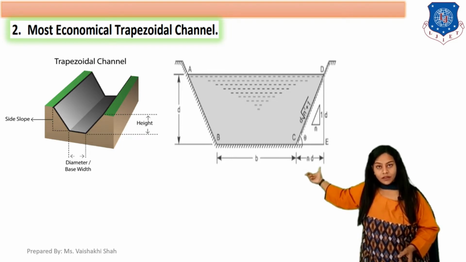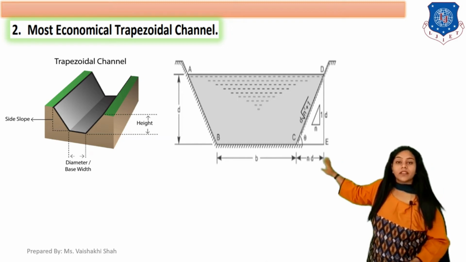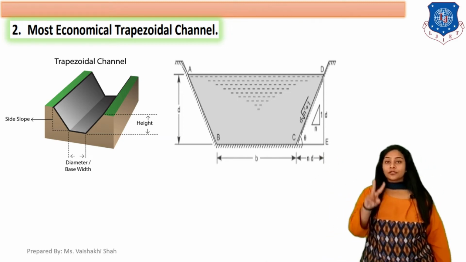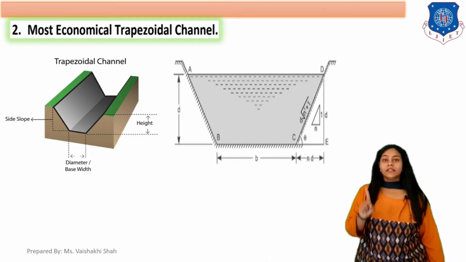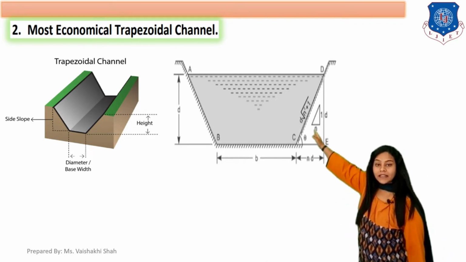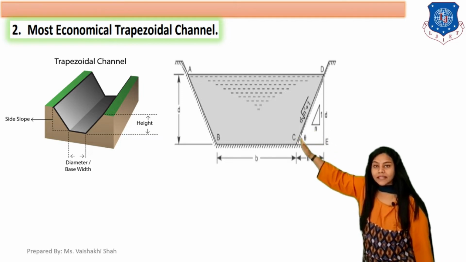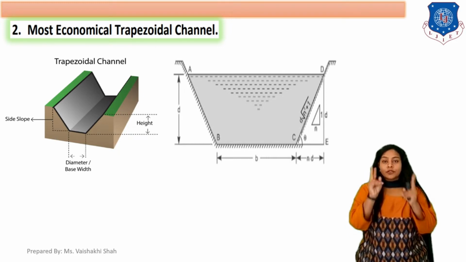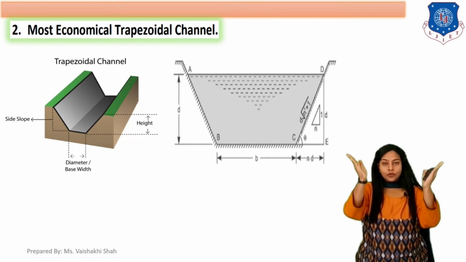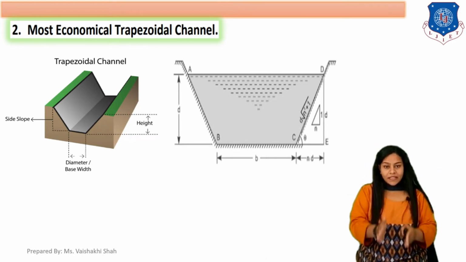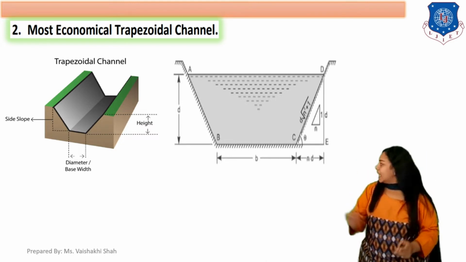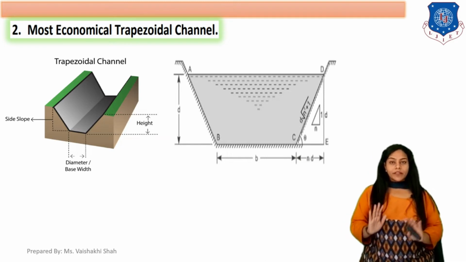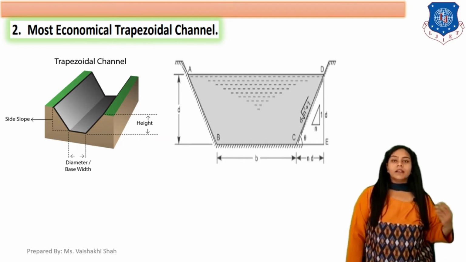If we divide this trapezoidal channel into parts, there are two triangles and one rectangle. The two sloping sides make two triangles, and the center part of the trapezoid becomes a rectangle. We will use this fundamental in our derivation.